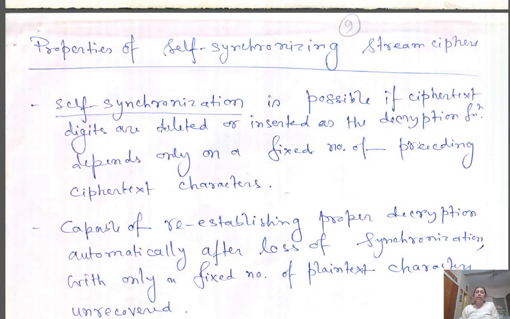So if some ciphertext digit is changed, inserted or deleted, its effect will be only on a fixed number of ciphertext characters, T many. After T many steps, it will give you correct results.